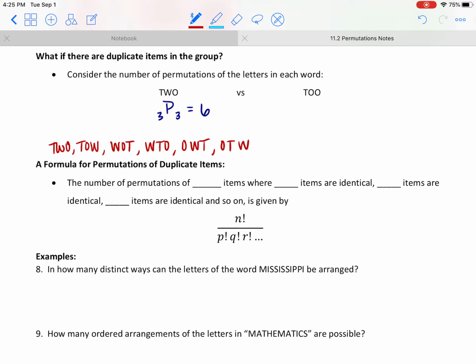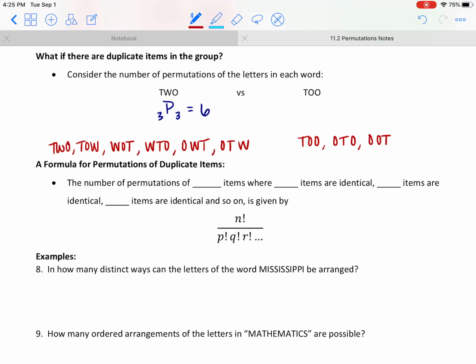Now, what if we take the word TWO but spell TOO and try to come up with ordered arrangements there? Well, obviously TOO is an arrangement. We could go OTO as an arrangement. We could also go OOT as an arrangement. And that's it, right? I can't come up with another unique arrangement.